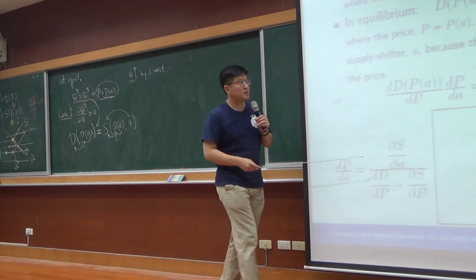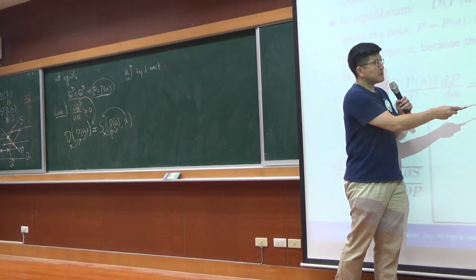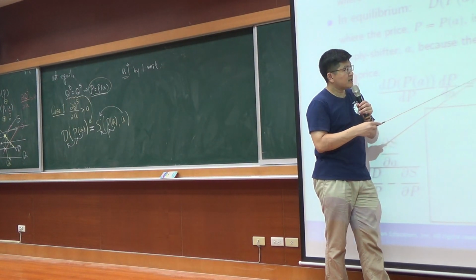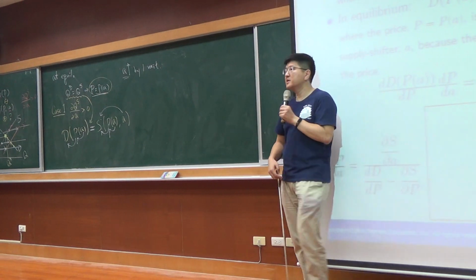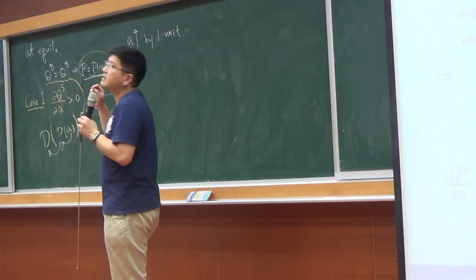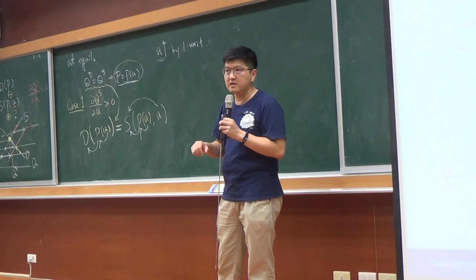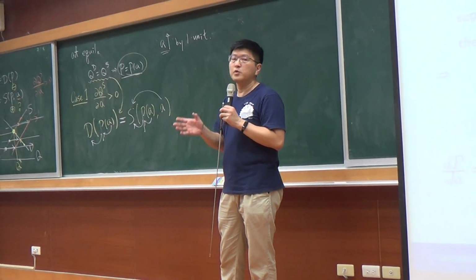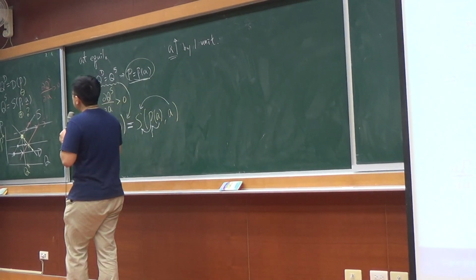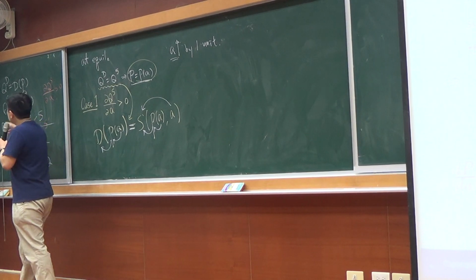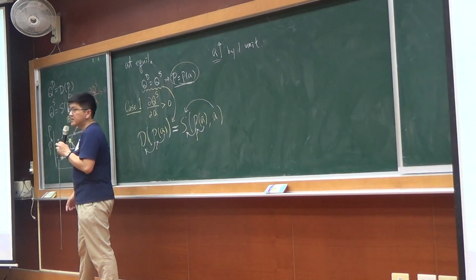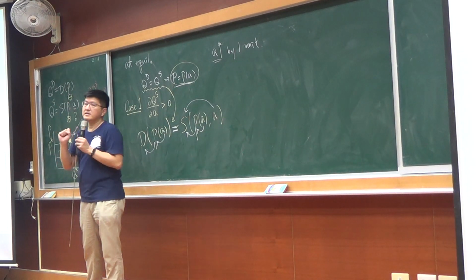But here you will see A affects P, but P affects the quantity supply is a partial differentiation. The reason why we use partial differentiation is because there are two variables in the supply function. So we would like to know how the quantity is affected by the change in P, holding A constant.